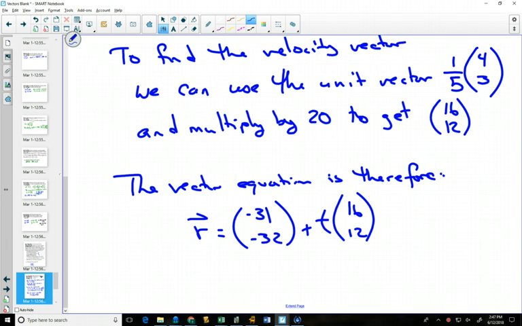The tempting thing to do in this question is to take the 16, 12, find the length, and say the length is 20, show that it's parallel to 4, 3, and then say 16, 12 works.